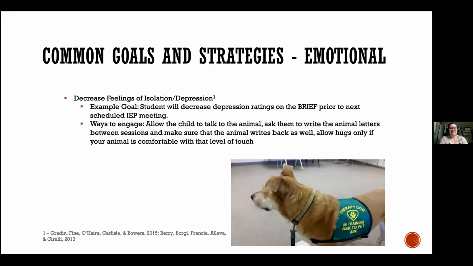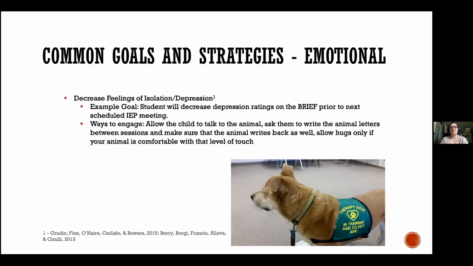And just to wrap up the emotional category, I think the other common one is isolation and depression. And so this, I think, again, can be addressed in so many ways, but just some additional ideas for people. I love writing letters because that can help with so many different academic skills in addition to creating that connection.